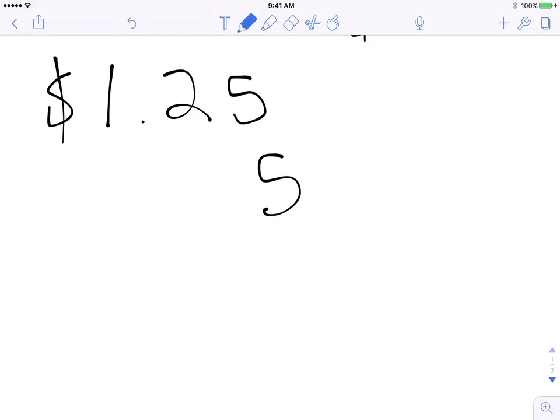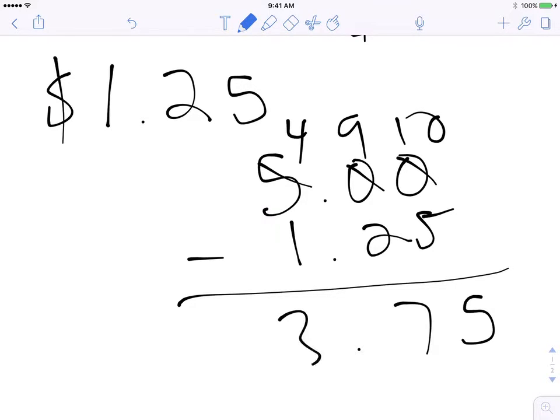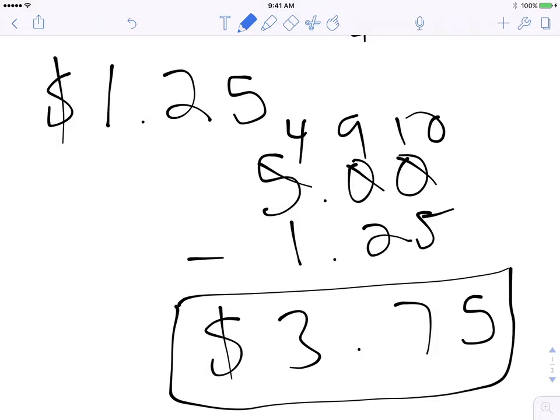So I get 5 minus 5, 10, I should get $3.75 back. That way I know that the person that's giving me the money back is giving me the right amount.